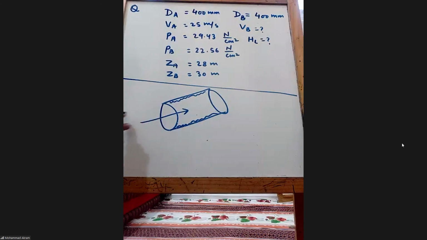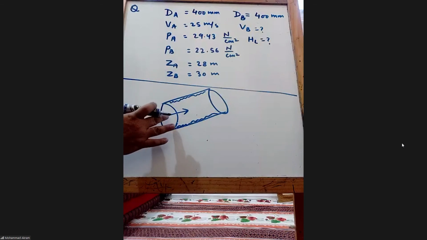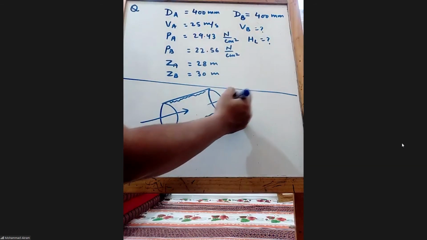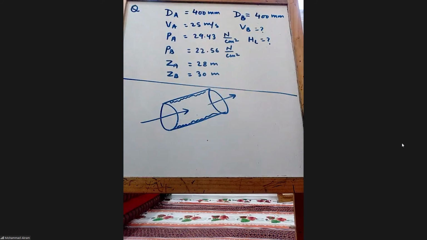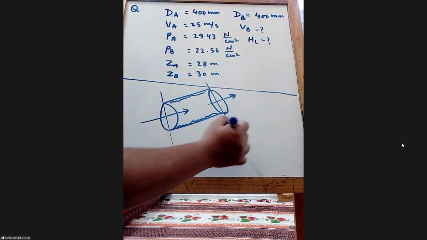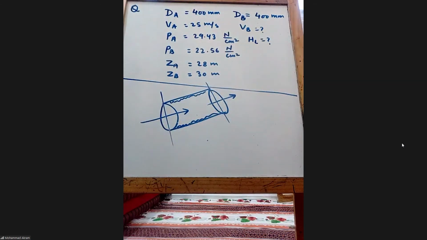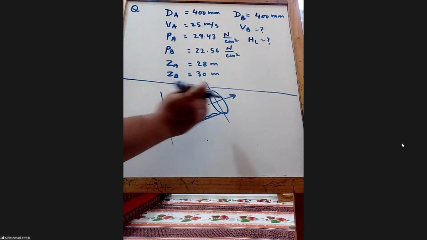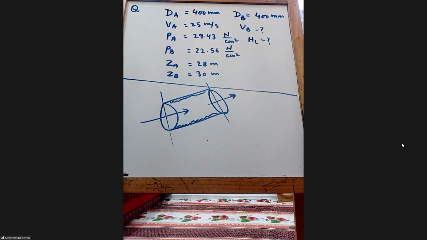Energy at section 1 and section 2 in reality should be equal, right? But in reality, energy is the same, but it is not in the form of pressure energy, kinetic energy, or datum energy.